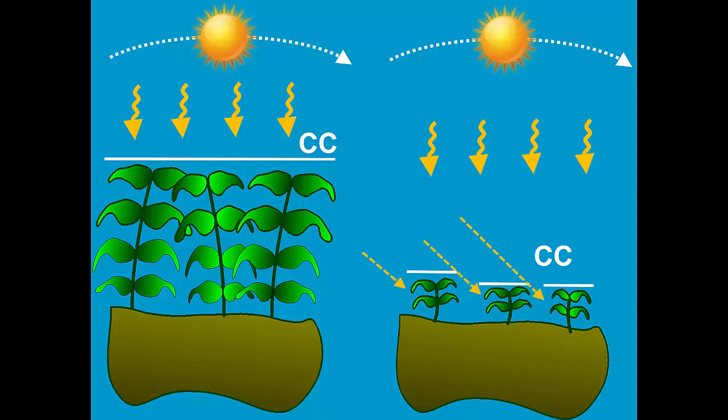However, during the day, the crop can also receive energy sidewards. As such, the Cc has to be increased. That increased Cc is called Cc star. It is the Cc adjusted for the micro-advective effects.